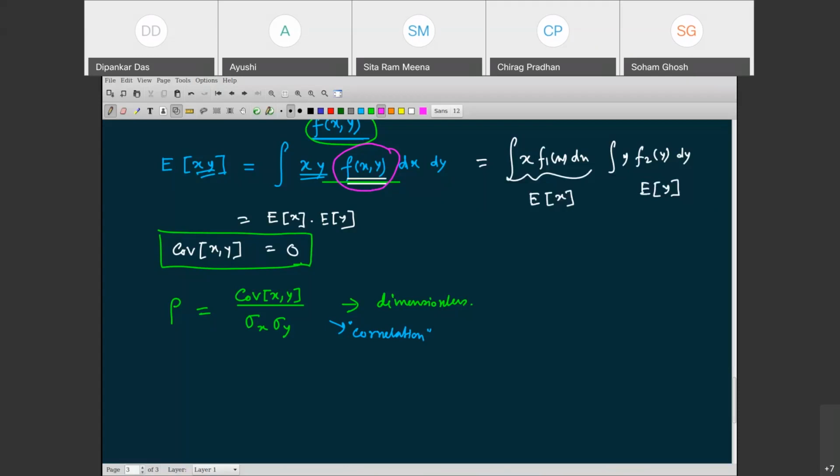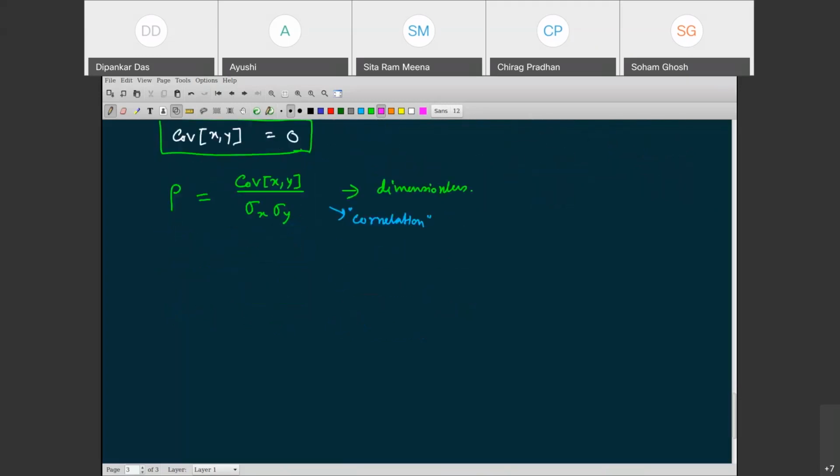So the last generalization is that if you have more than two random variables, say you have n random variables, then instead of just one correlation, you will have many correlations, and it is useful to talk about a correlation matrix. Okay, so first you define something called the covariance matrix.